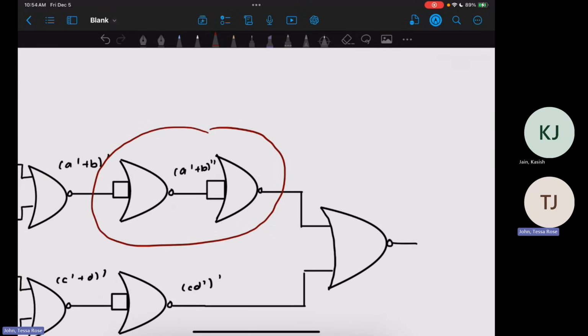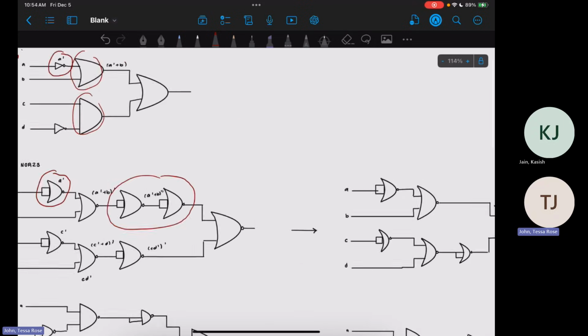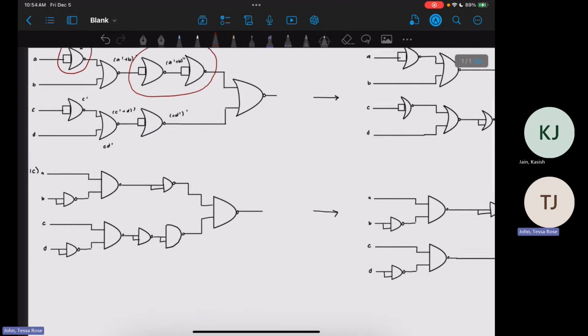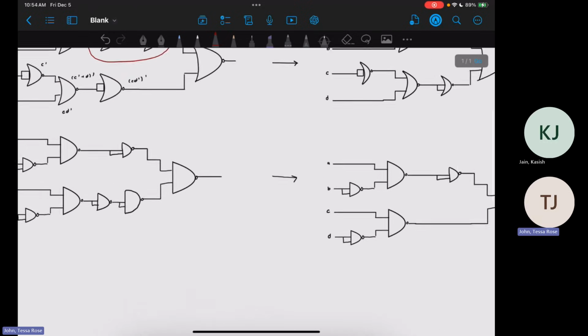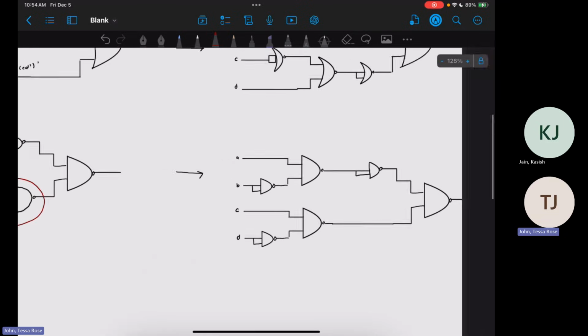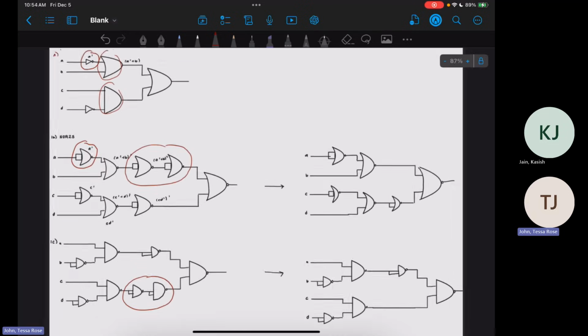They kind of cancel out, so you don't have them anymore in the simplified version, right? Same concept with NAND as well. If you have 2 of them like this, they cancel out, so you don't have them anymore. Okay, just wanted to show you guys that.